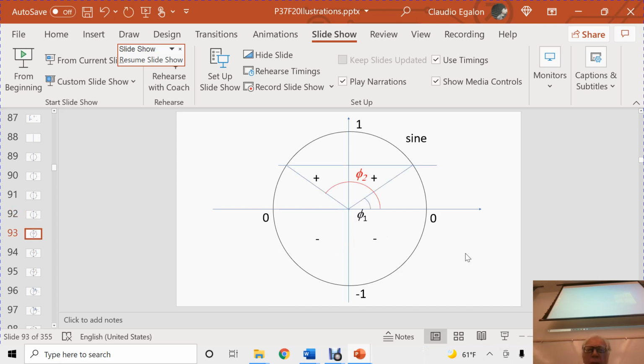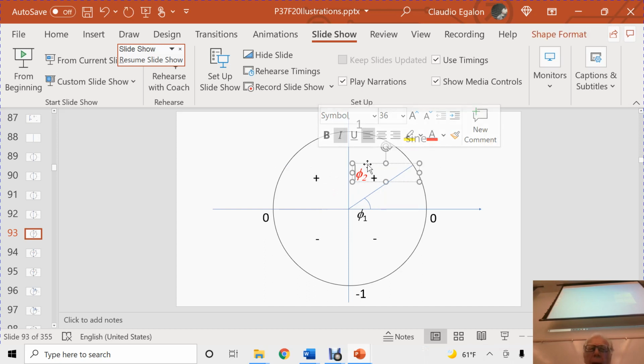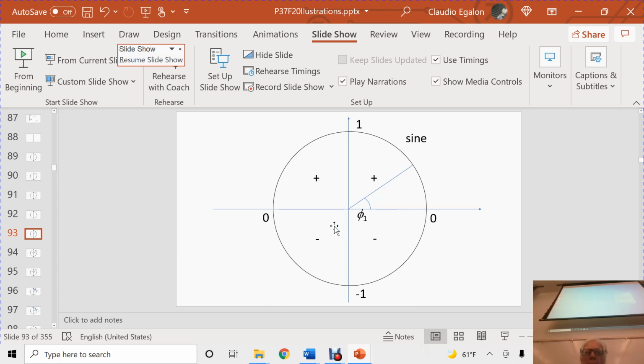So what's next? Okay, so suppose that we have a given launch angle. I'm not gonna call it theta, I'm gonna call it phi 1. Suppose. So what do we want to do? We want to find a second angle that has the same value for the sine.